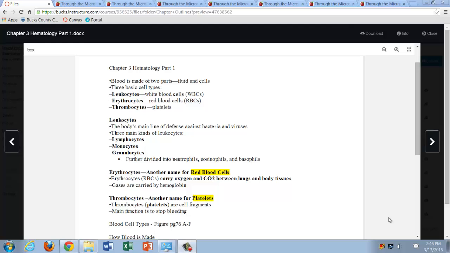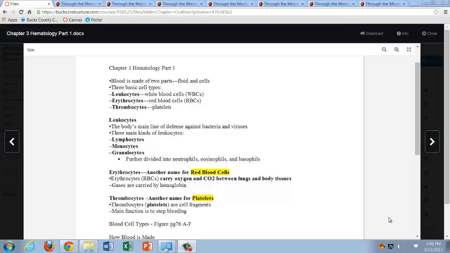That way we can then look at those cells underneath the microscope. If we allowed the blood to clot, we could not look at intact cells underneath the microscope, nor could we count them. We have to count them in an automated instrument. So when we have the cells and then the liquid part in the anticoagulated tube, the liquid part is called plasma.